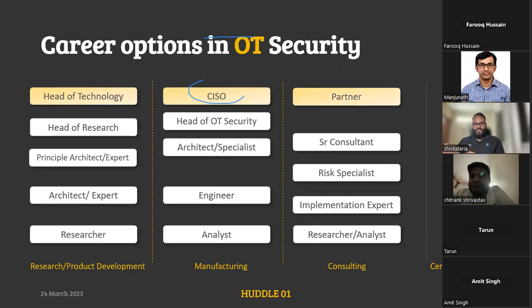Similarly, in organizations, you can go from analyst to engineer to architect to head of security and finally to CISO. And on the consulting side, there are a bunch of roles available. I have just picked a few of them. This list is not exhaustive, but there is a huge possibility in terms of the roles available.